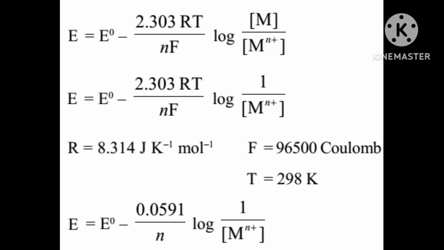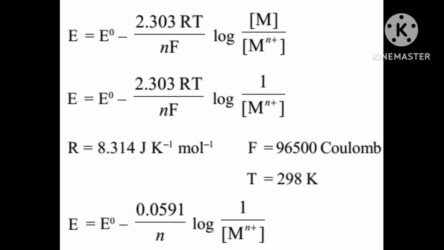But what I want to tell you now is that you can make one more change. In the final step you got, copper ion is upside, Zn ion is down.